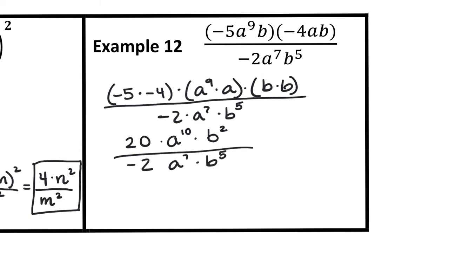And then I'm just going to copy the bottom. So now we can divide out. What's 20 divided by negative 2? That's negative 10.